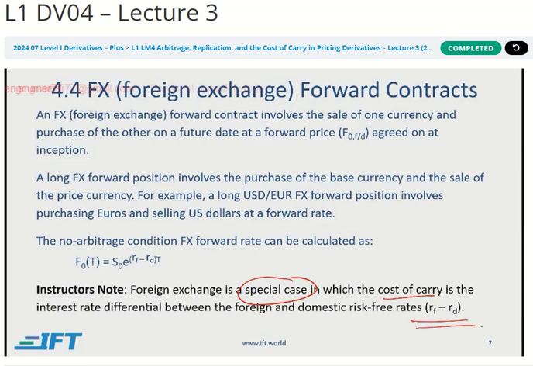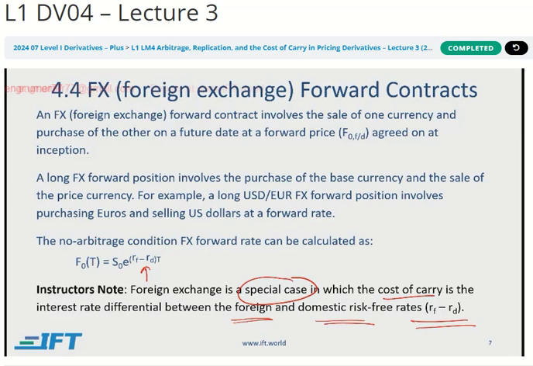Because now we are dealing with two different currencies, and both the currencies have different interest rates. So in the cost of carry, we take the difference between the two interest rates, which is the foreign minus the domestic. So RF minus RD is what we put over here, and it is the spot multiplied by e to the power RF minus RD multiplied by the time duration.